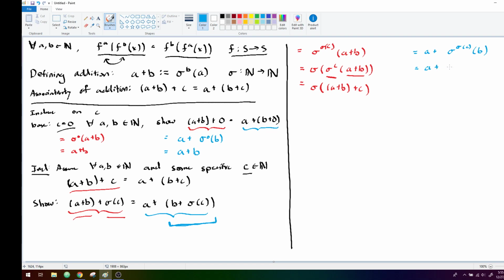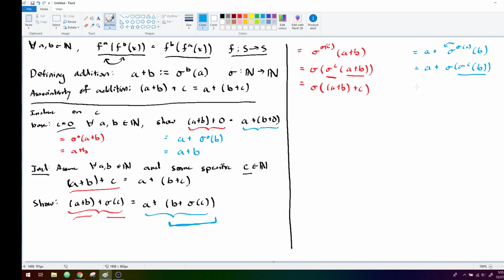This is A plus, or rather using the definition of composing a function with itself some number of times, we're going to pull this leading sigma down and rewrite this like so.